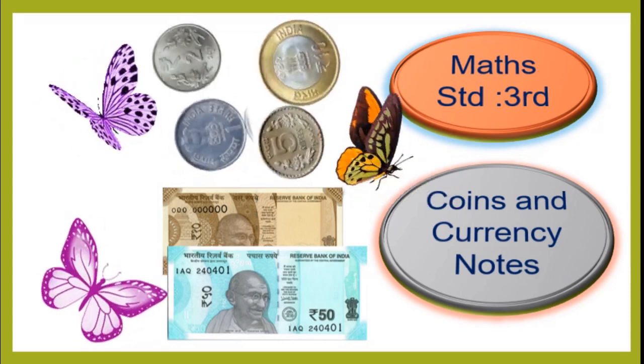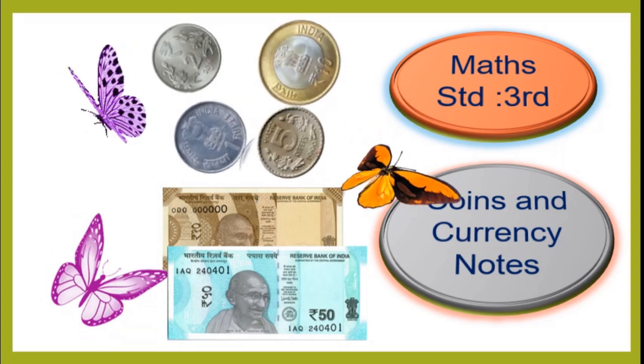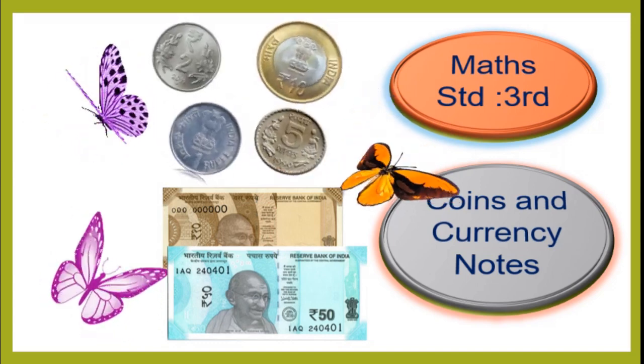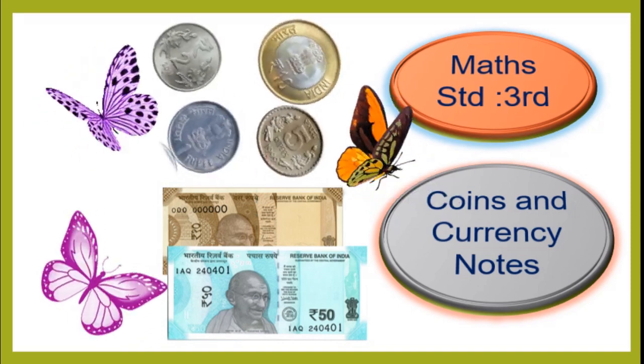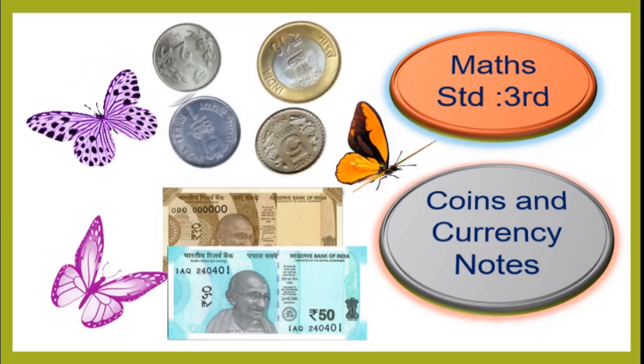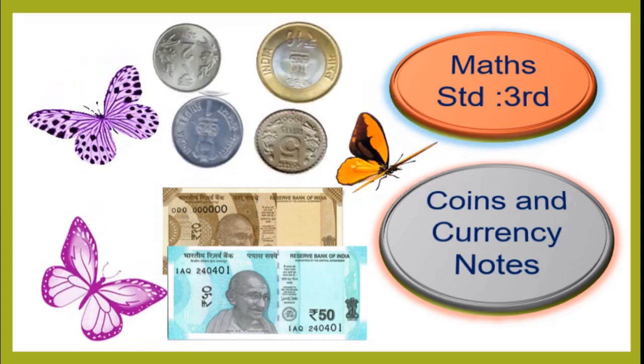Isn't it? Today we will go for shopping. We will purchase some things and then we will make a total of all the purchased things, that is the cost, and we will pay that to the shopkeeper. Okay?